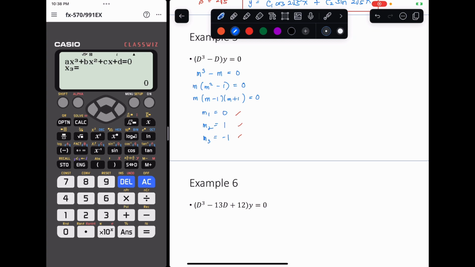So how do we write y? It would just be the same as case 1. So c1 e raised to 0x plus c2 e raised to x plus c3 e raised to negative x. So y then would just be c1, because e raised to 0 is 1, plus c2 e raised to x plus c3 e raised to negative x.